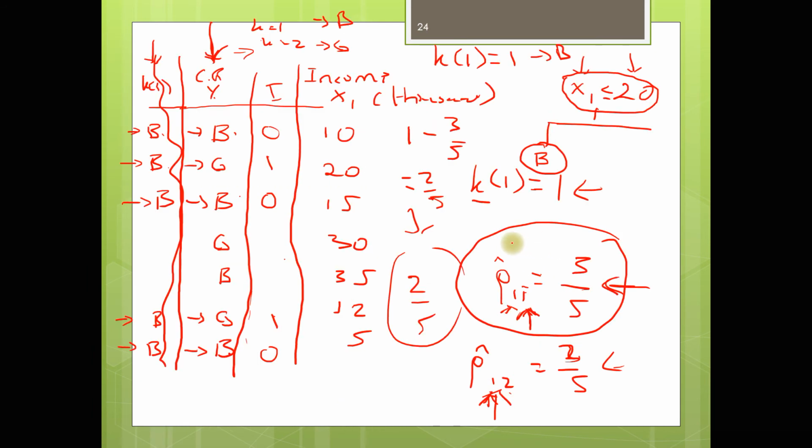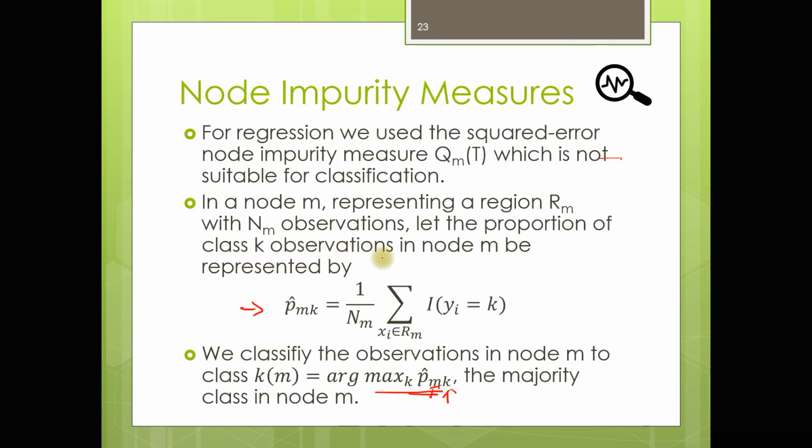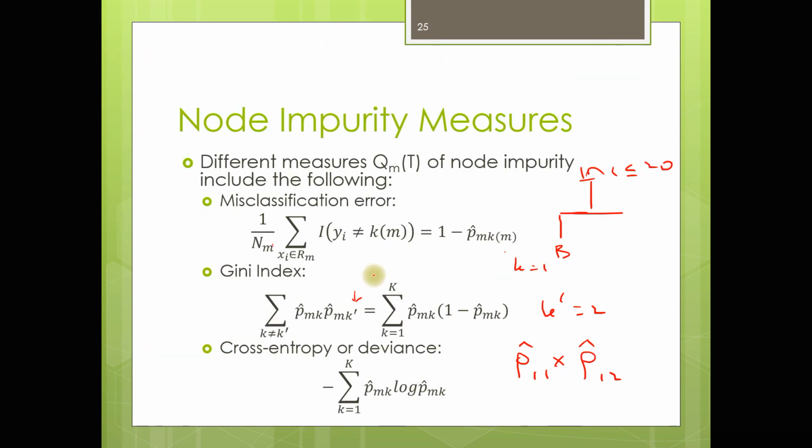In the previous example, you saw that when you have classified all the records as bad, in reality, not all the records were bad. But let's assume all the records were bad as such. If all the records were bad, what would have happened is that p cap mk would have been equal to 1. And then p cap m1,2, that is for region 1, there would have been no good at all, would have been 0. So in other words, you will get 0 as a value.